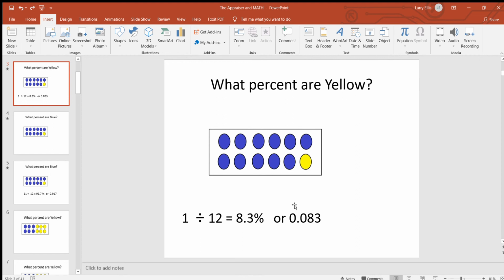Or if I was over here, I'd write 1.000, then I would subtract 0.083 from that. Again, it would be 0.917.